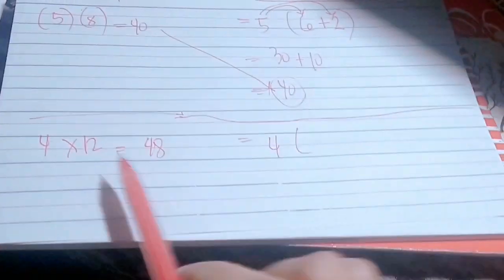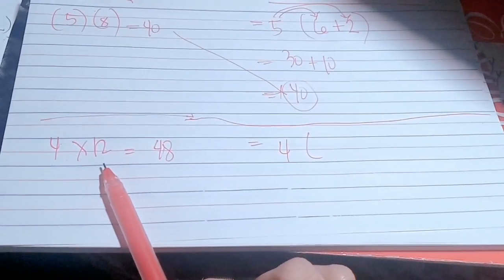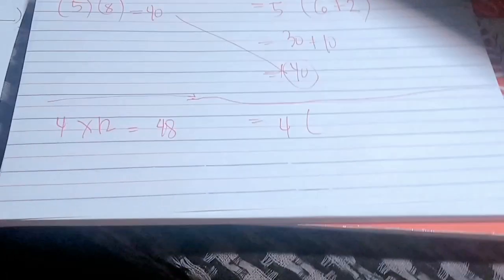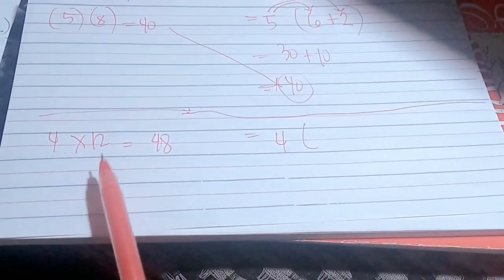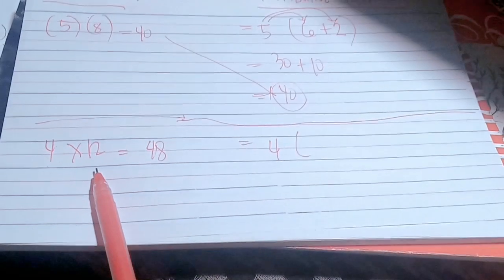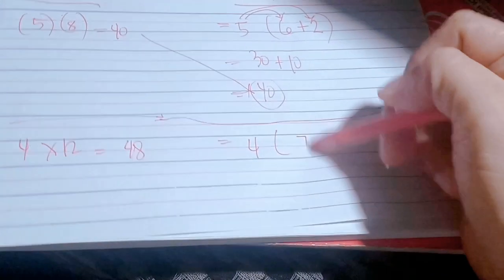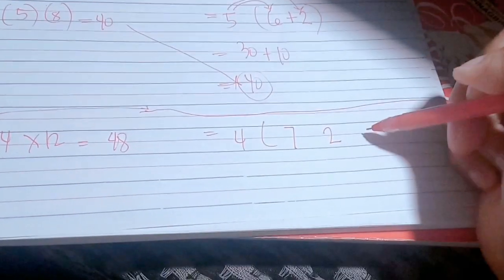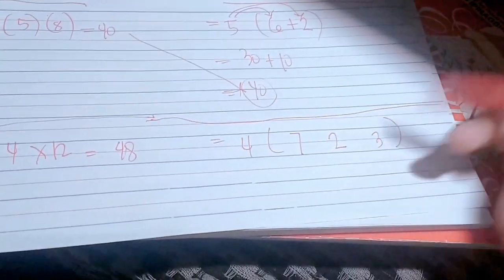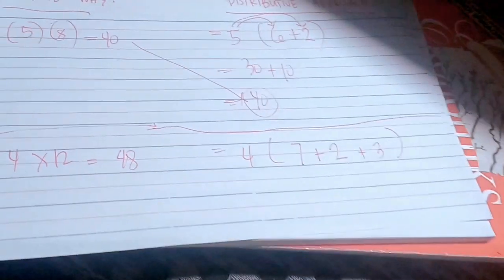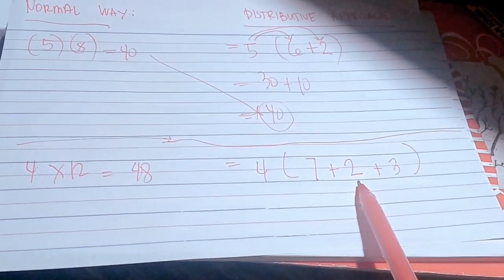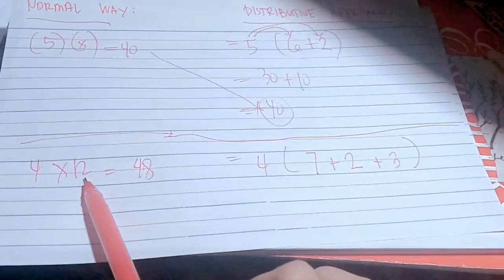Then, maghahanap tayo ng mga numero. So, pwedeng tatlo, dalawa or tatlo na mga numero na kapag in-add natin ay magiging 12. So, anong mga numbers na kapag in-add natin ay magiging 12? So, for example, 7, 2, and 3. So, lagyan natin ng plus sign. So, 7 plus 2, 9 plus 3, 12.